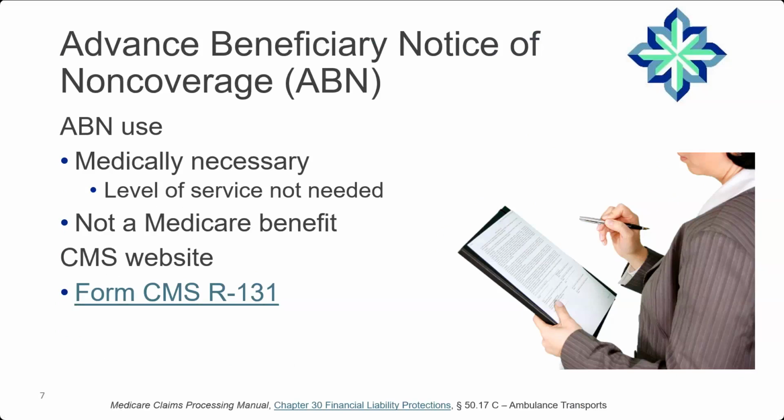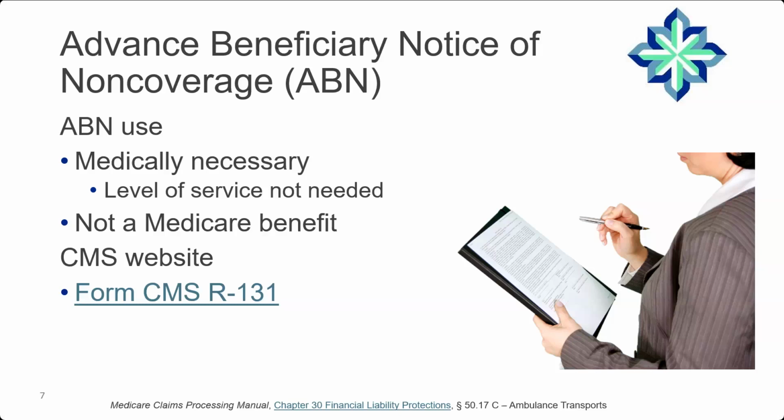So we wanted to make that clear, and the question hopefully is answered, but I do want to remind you that we will talk more about ABNs if you need to. So when you use a GY modifier, you should not be giving an ABN. You are relying on the patient information in the Medicare New Guidebook. When you do give an ABN for a service that is never covered, not a Medicare benefit, it is what CMS terms an optional use.